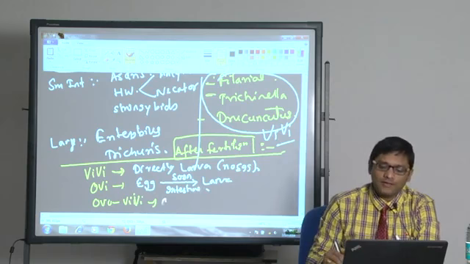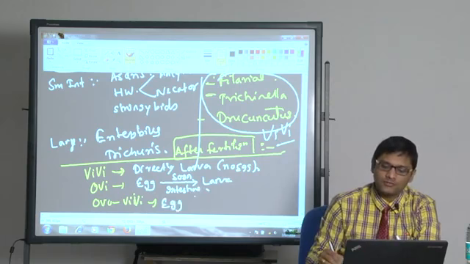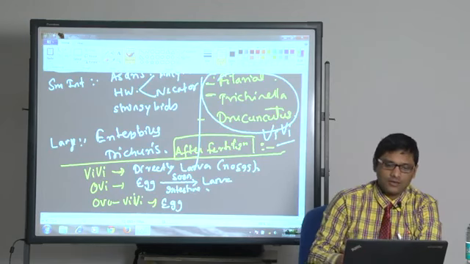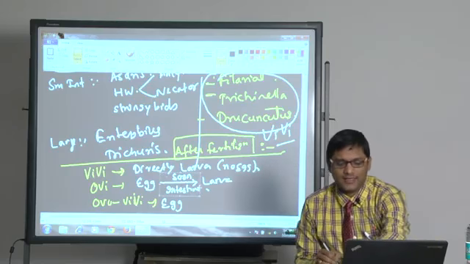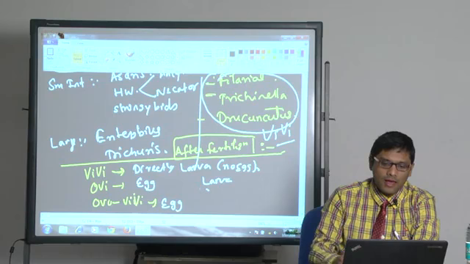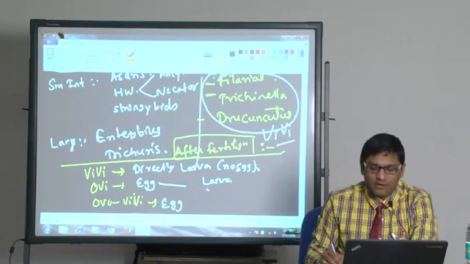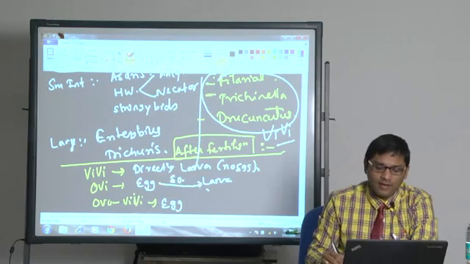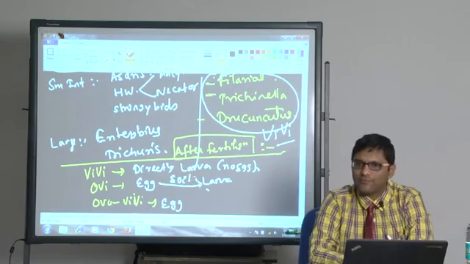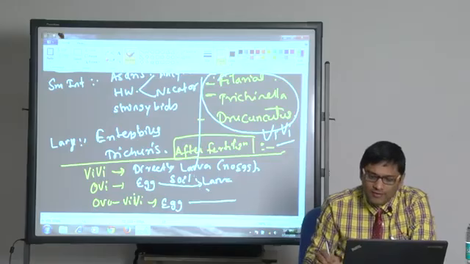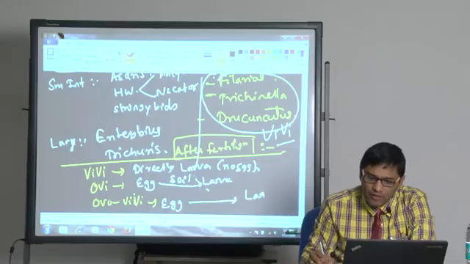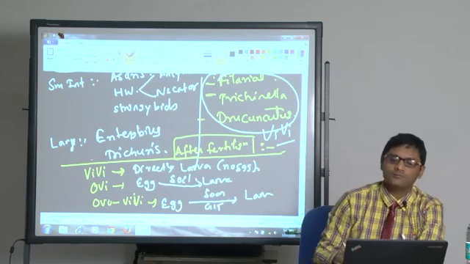Whereas ovoviviparous eggs will be produced, one second, there is a mistake. Oviparous eggs will be produced, eggs will be converted to larva after a long time, mainly in the environment, soil. Whereas ovoviviparous eggs are produced, they will become larva very soon in the GIT itself.